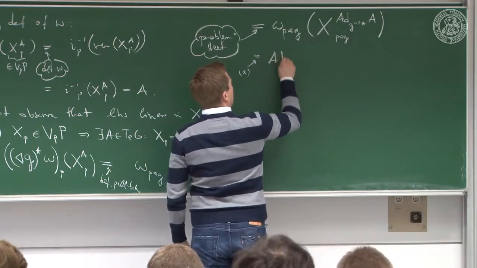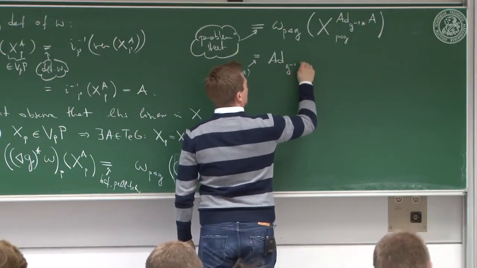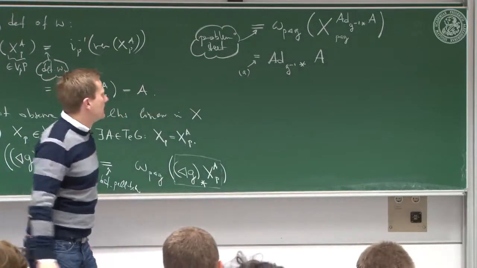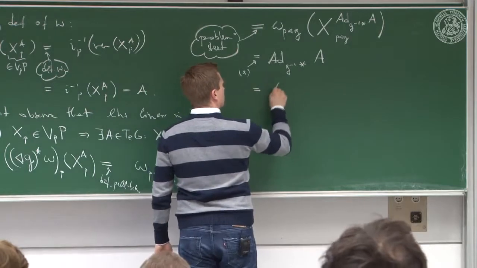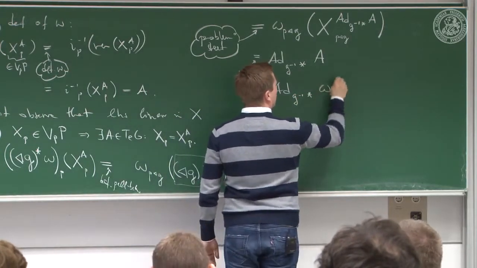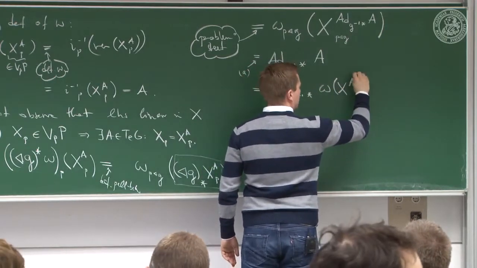So this is actually add G inverse push forward acting on A. Now we can massage this a little, and we can write this add G inverse push forward of omega of XA.